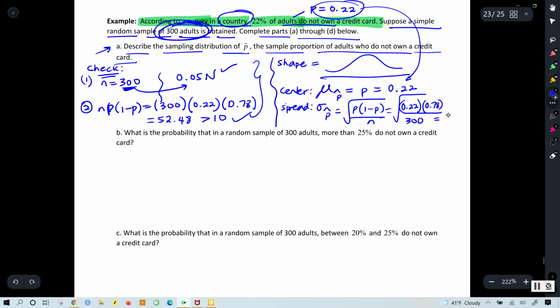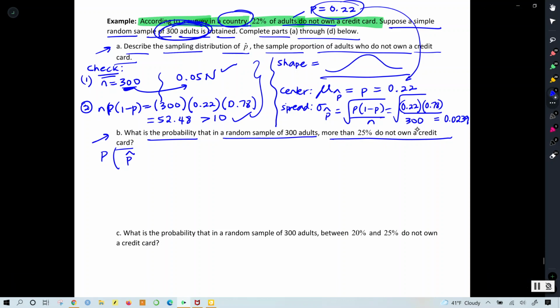And this, when I did this, gave me 0.0239. So with this distribution, we're ready for question B. What is the probability that in a random sample of 300 adults, more than 25% do not own a credit card? So the sample proportion is more than 25%. 25% is the same thing as 0.25.